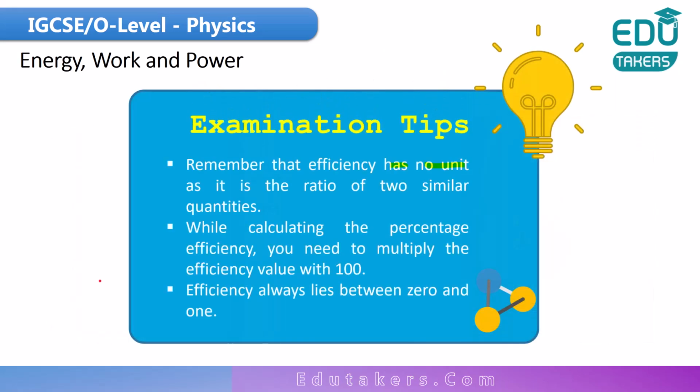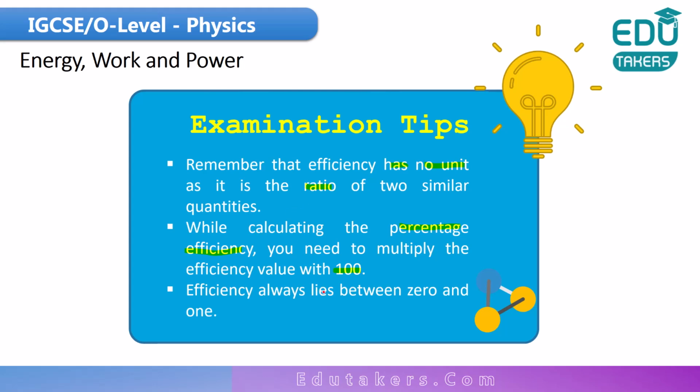Same thing is given here in the first point. Remember that efficiency has no unit as it is the ratio of two similar quantities. While calculating the percentage efficiency, you need to multiply the efficiency value with 100. So you have to multiply the answer with 100 to calculate the efficiency in percentage.